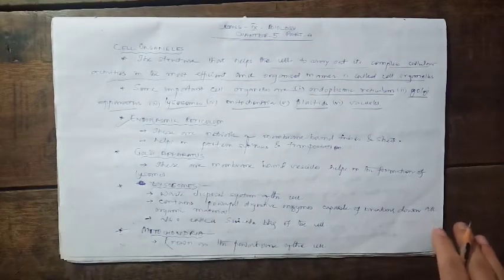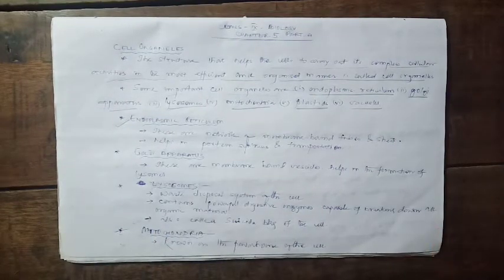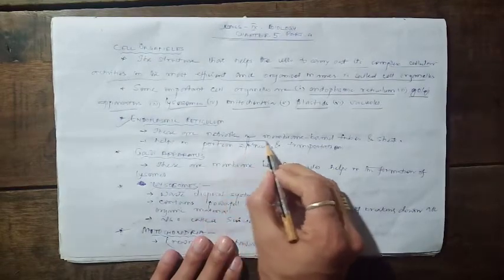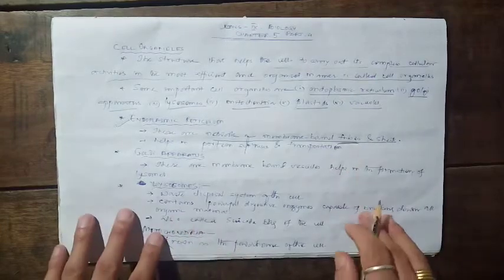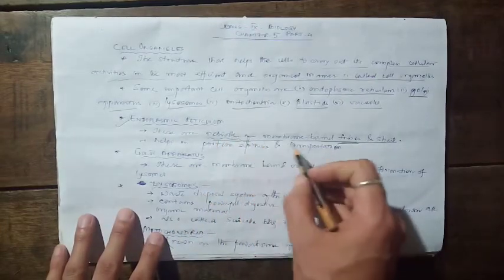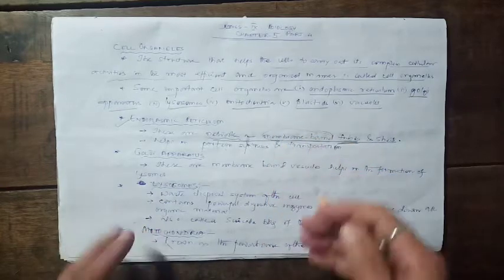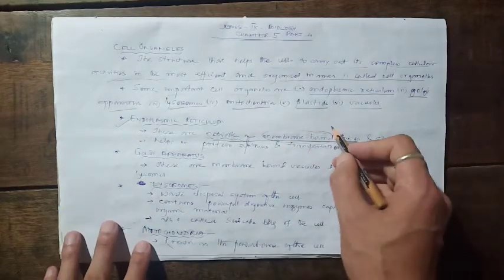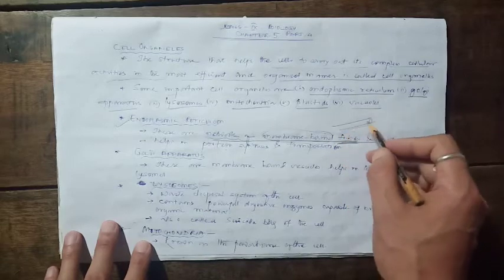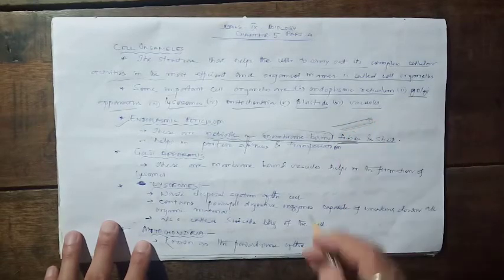Endoplasmic reticulum. This is one of the important organelles present inside the cell, which is actually a network of membrane bound tubes and sheets. Membrane bound means, suppose you have a tube, this tube is covered, this tube is coated.